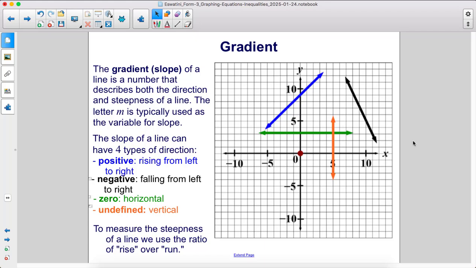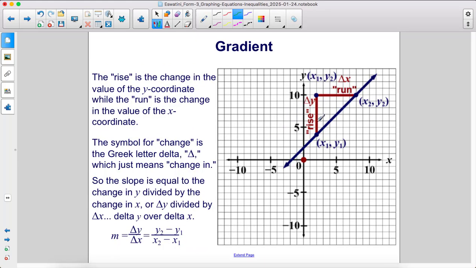To measure the steepness of a line, we use the ratio of rise over run. The rise is the change in the value of the y-coordinate, shown here, while the run is the change in the x-coordinate, shown there. The symbol for change is the Greek letter delta, which just means change in.